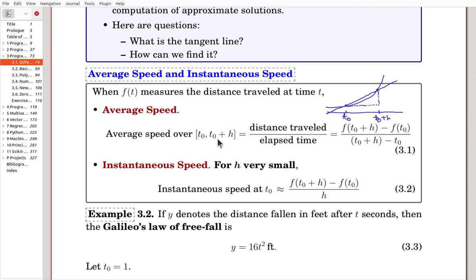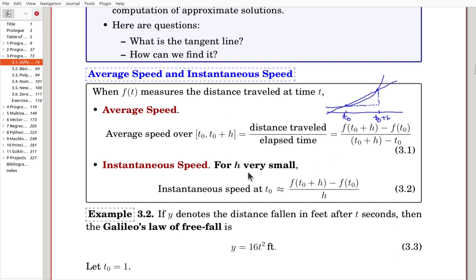Now how about the instantaneous speed? For h very small, the instantaneous speed at t0 is approximated by this value. Here at t0, the instantaneous speed is related to the slope of this curve.